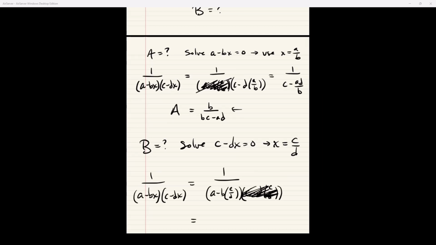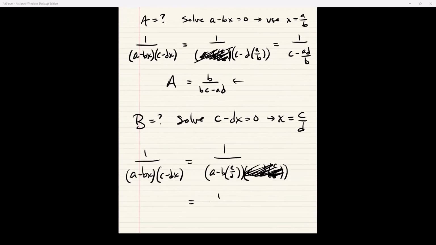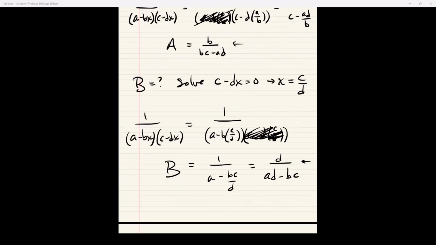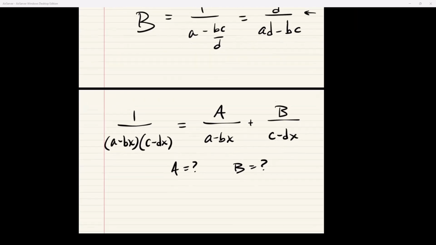So this will simplify to 1 over a minus bc over d. Then I can simplify that complex fraction by multiplying top and bottom by d. This will be ad minus bc, which is similar to what I have there, right? These are similar. So this is my B right there.